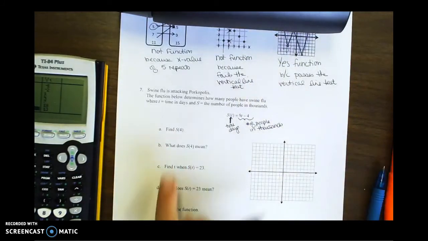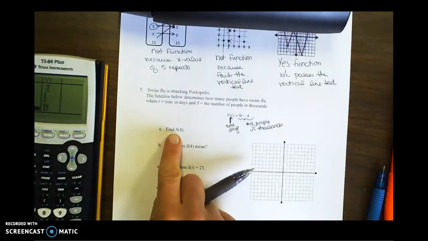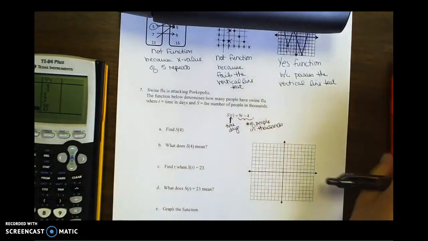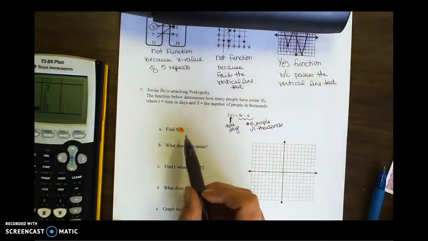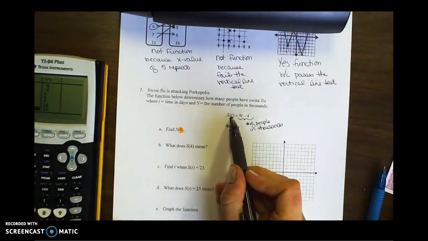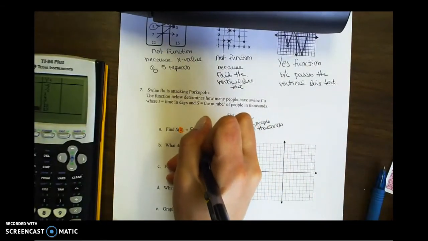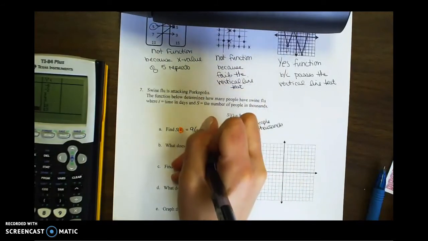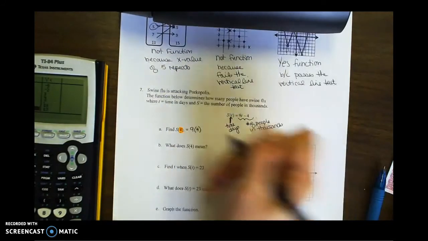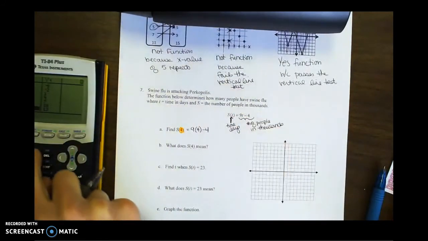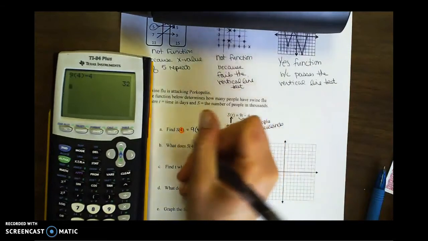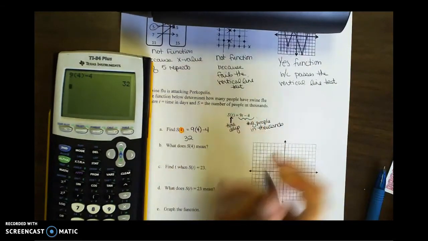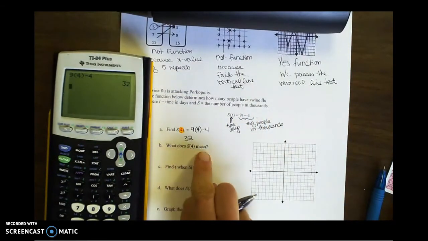Okay, so let's take a look now at part A. Find s of 4. Now 4 is in the parentheses, so that means I want that to be equal to my t. So this is going to be 9 times, and instead of t, we're going to replace it with 4, minus 4. So 9 times 4 minus 4, and we get 32. So what does s of 4 mean?